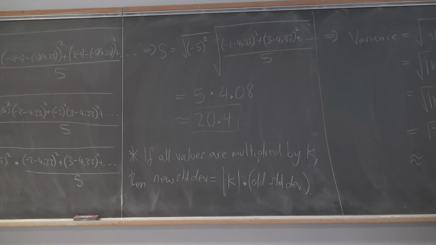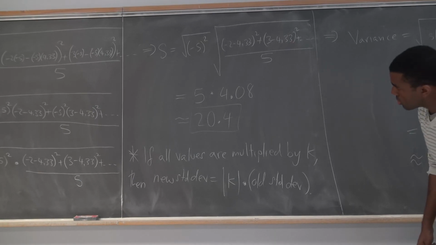Should it be 5 squared, not the square root of 5? Yeah, 5 squared. If it's absolute value, it won't matter. But if you square 20.4, you get 400-something, right? So it should be whatever the constant is squared times the old variance.